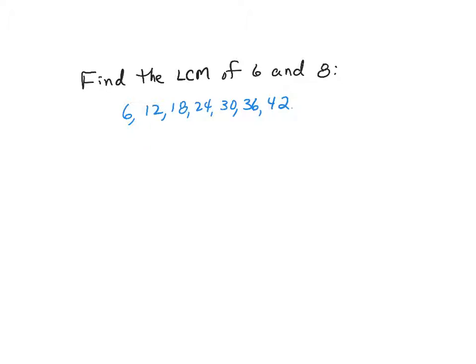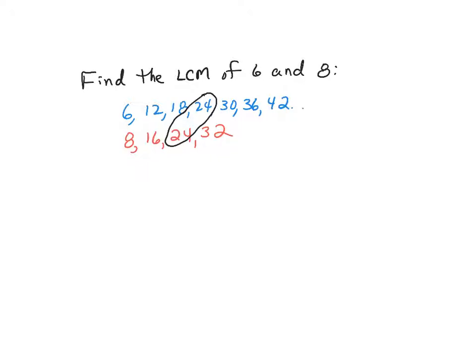Generally, I want to give 5 or 6 of the multiples of one, and then I want to start working on the other one. So the multiples of 8, when I skip count by 8, I get 8, 16, 24, 32. Oh, well, wait a minute. I already see that I do have a common multiple in both of these lists. I have 24. So the least common multiple of 6 and 8 is 24.